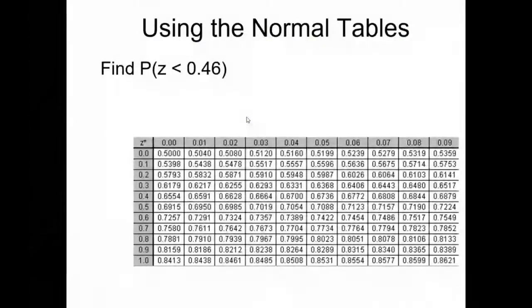Okay, so now we're going to, notes-wise, make our table even bigger. You can't just use a small table the whole time because that's not what you have. So now they want the probability that z is less than 0.46. So what number do I need to look for then over here on the left side? 0.4.